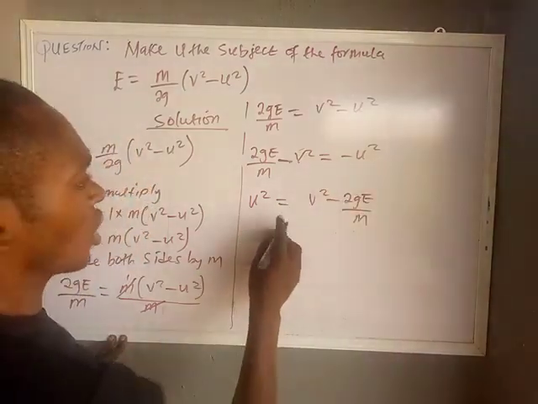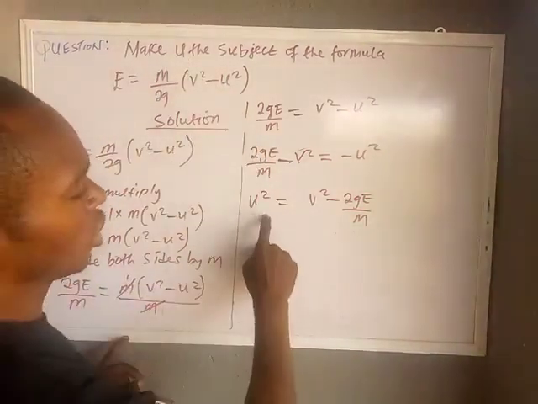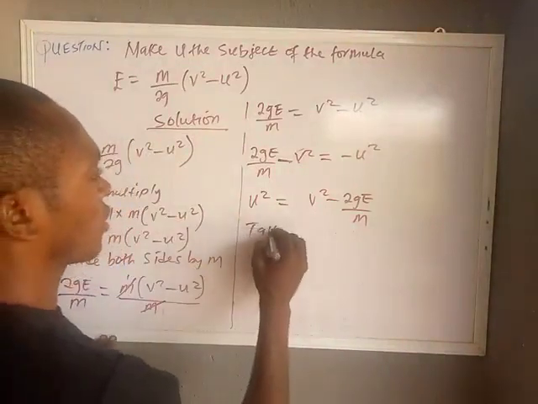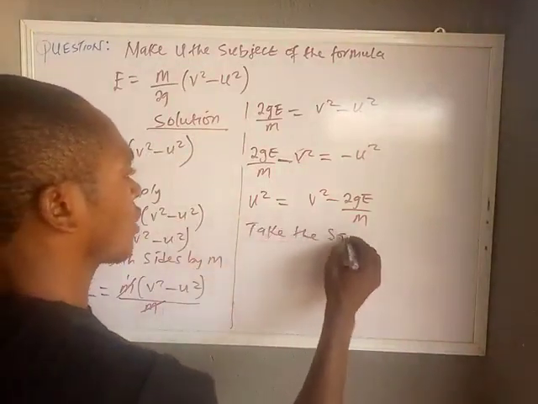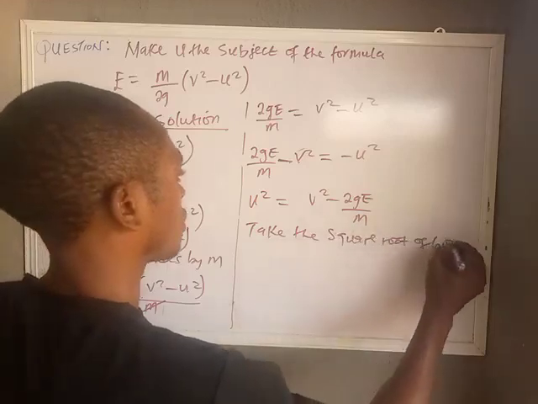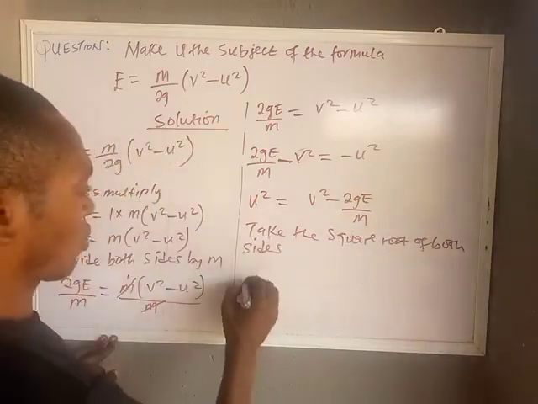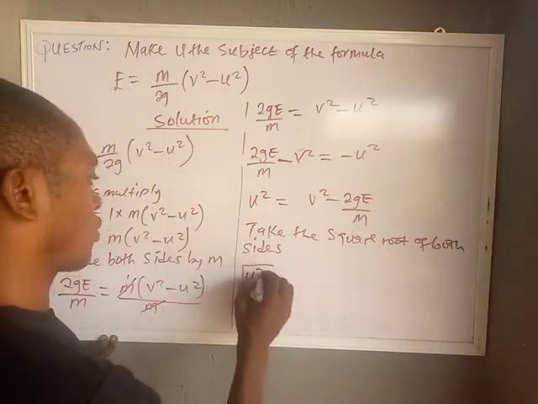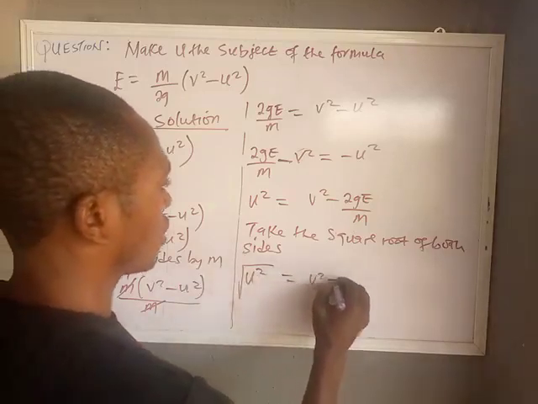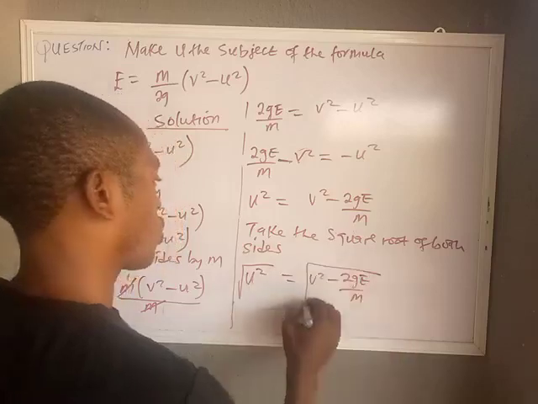So now our aim is to have u, not u squared. So what we'll do is this, we'll take the square root of both sides. So square root of u squared equals the square root of v squared minus 2ge over m.